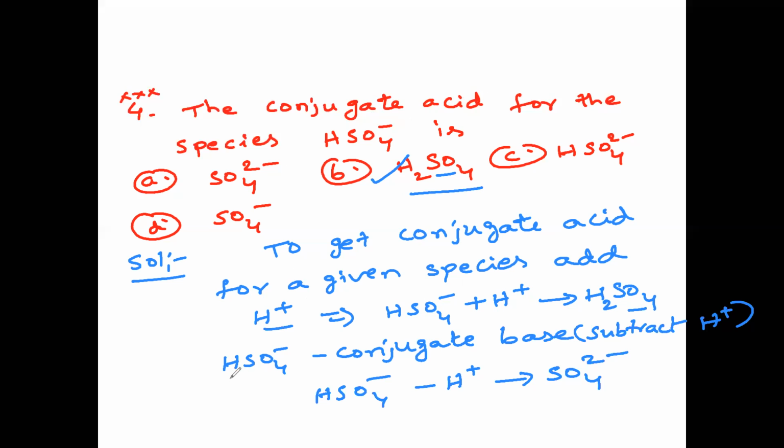Similarly, if they ask for the conjugate base, simply subtract H plus. So HSO4 minus H plus gives SO4 2 minus, because this H will go and the minus becomes a total of 2 minus. Questions like these are most important. Definitely you are going to get them in the examinations. So please listen carefully and practice questions like these.